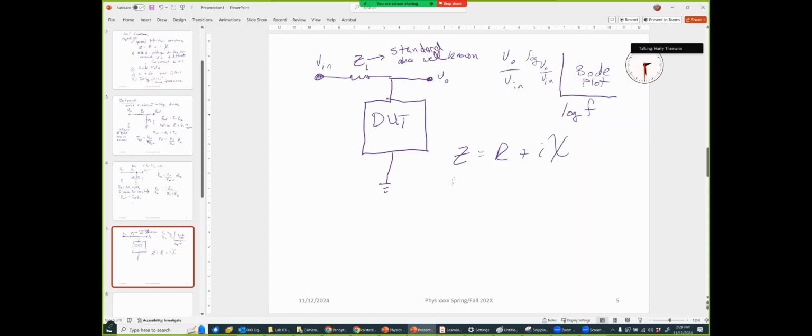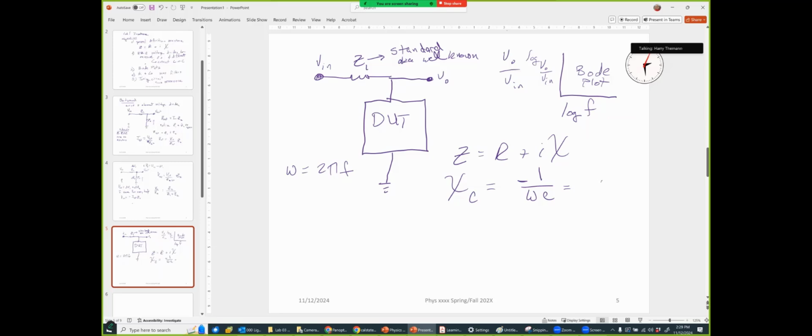We can now say, all right, the reactance of a capacitor is minus 1 over omega C. And we should remember that omega equals 2 pi F, frequency, because our function generators are calibrated in hertz, not radians per second.